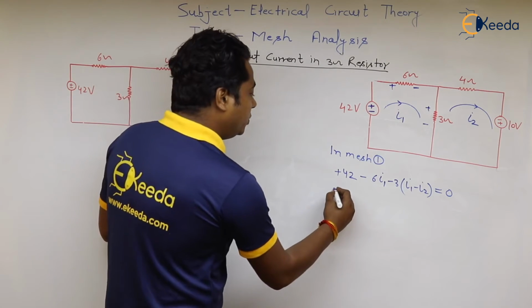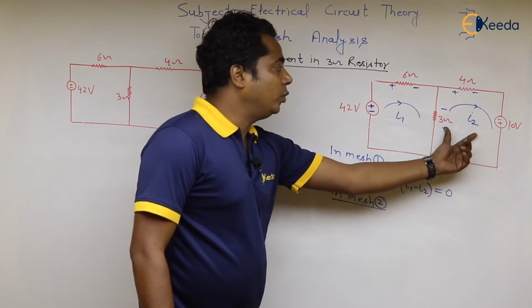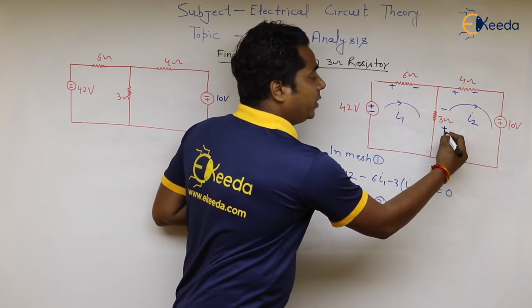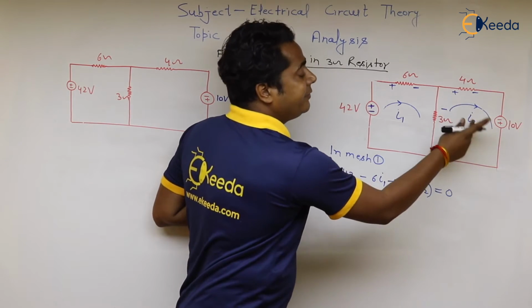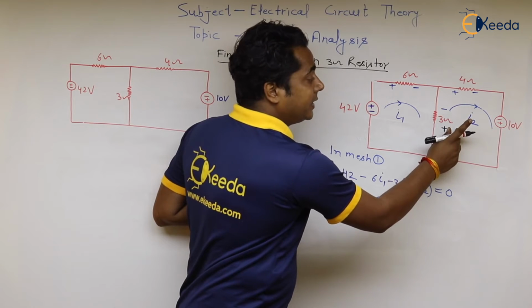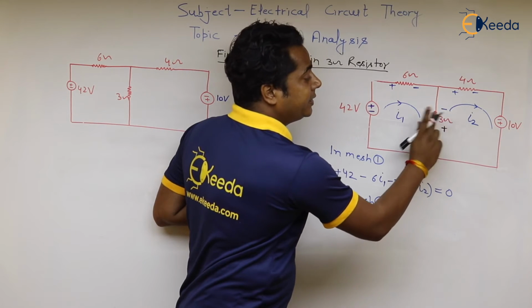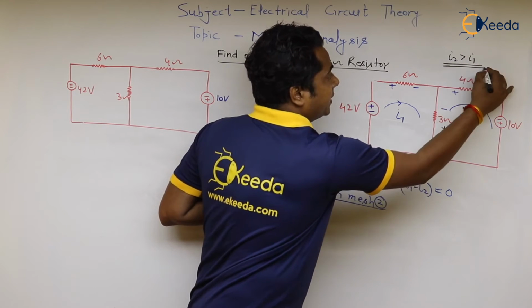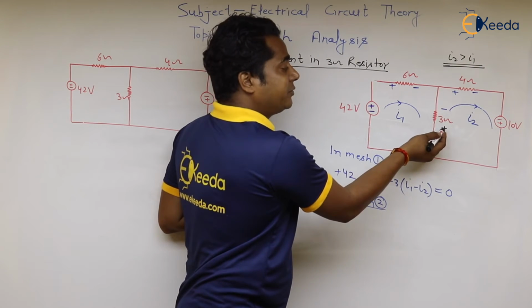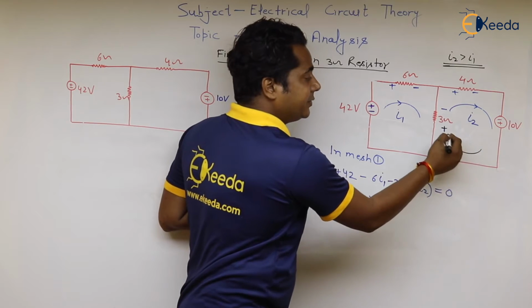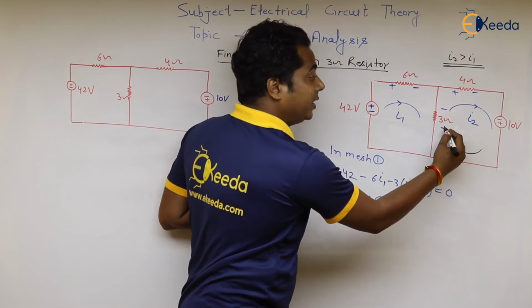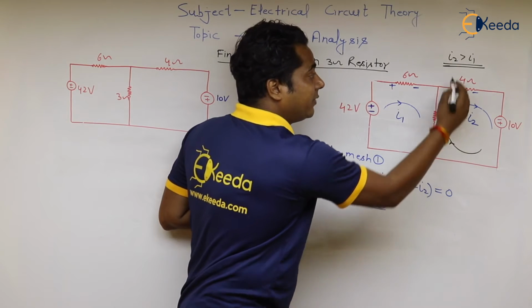In mesh number 2, we will apply the KVL. I have told you, when we apply the KVL in mesh number 2, then the current direction will be greater than this I1. Okay, then the plus will be here, the current direction is this way, so I2 is greater than I1, so we will assign the sign positive or negative on the basis of I2 greater than I1.